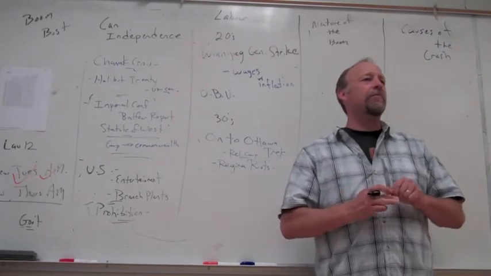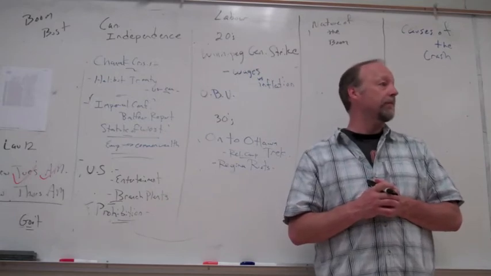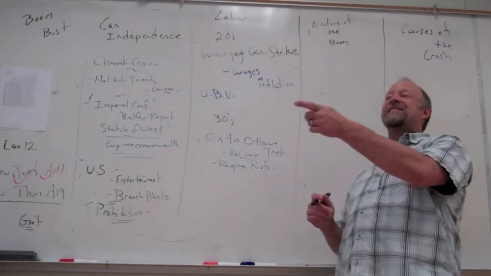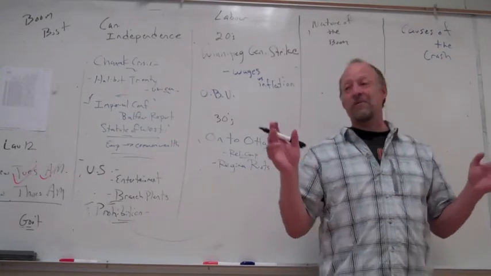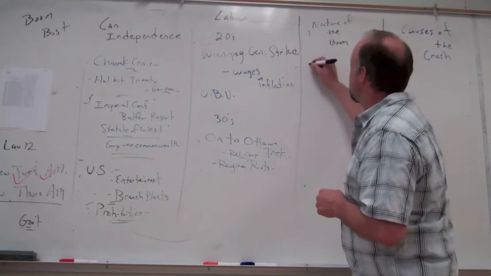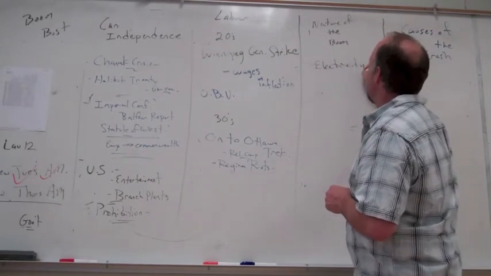What kind of products came out during the boom? What's a big one? Washing machine. We just watched that online. The washing machine is one. Home products. What was the basis of that? Electricity. I mean, electricity had been around for a while, but now it was coming into homes.